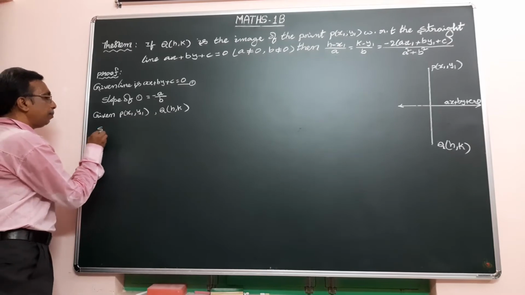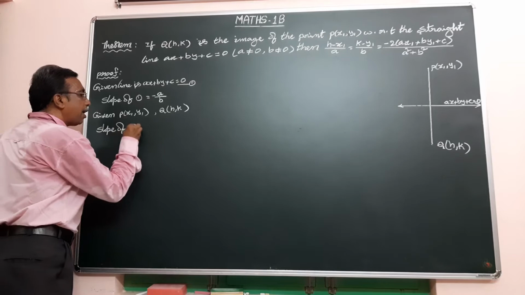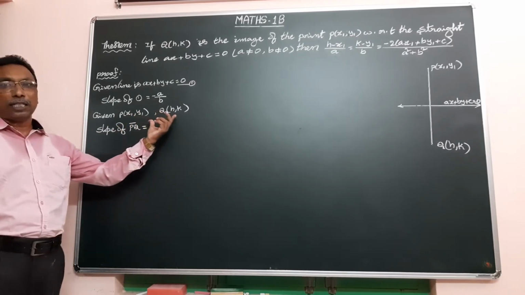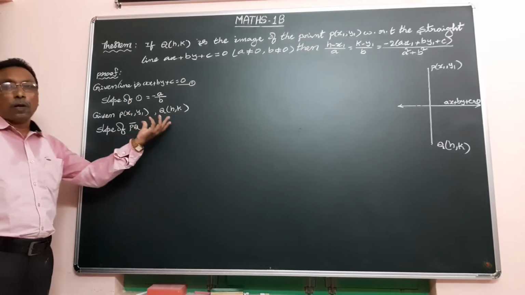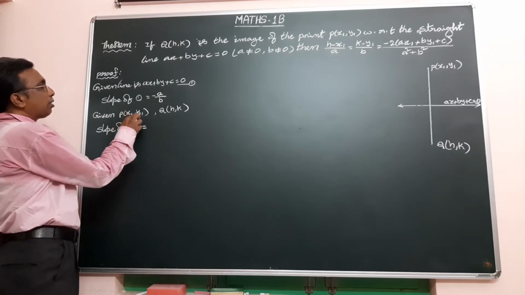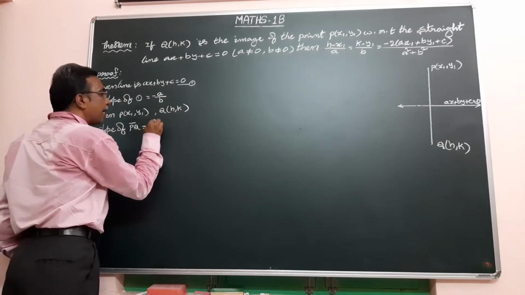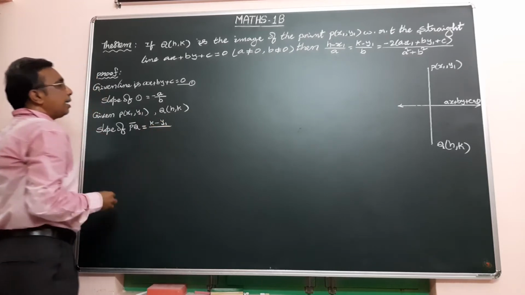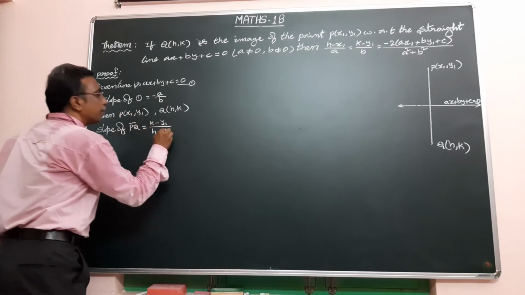Slope of PQ bar equal to, what is the slope of 2 points x1 y1 and x2 y2? Slope of 2 points is y2 minus y1 by x2 minus x1. This one is x1 y1, this is x2 y2. What is y2? k. So k minus y1 by x2 minus x1, h minus x1.